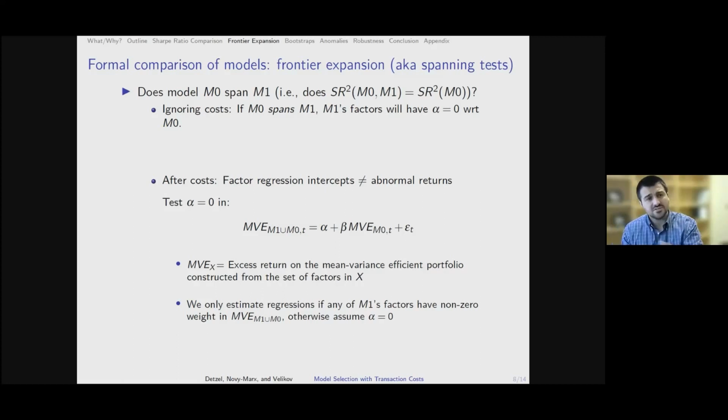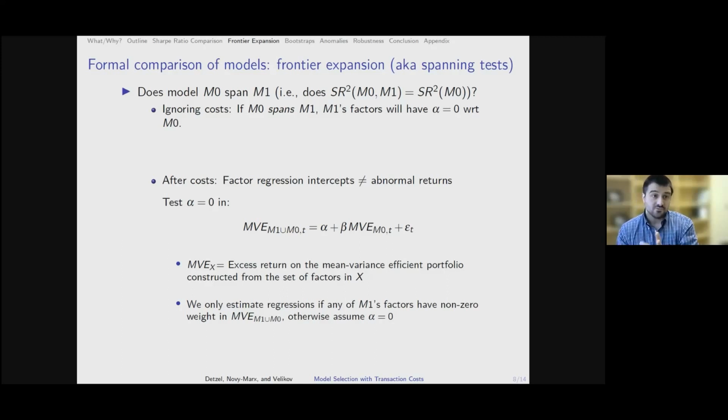Now that alpha is still not going to be interpretable the same way as in a spanning test, but in our RFS paper, we showed that if M1 is a single asset and you rescale the alpha using the weight of that asset in the mean-variance efficient portfolio of the asset and the factors, then it fully agrees with our common notion of alpha that we know and love.